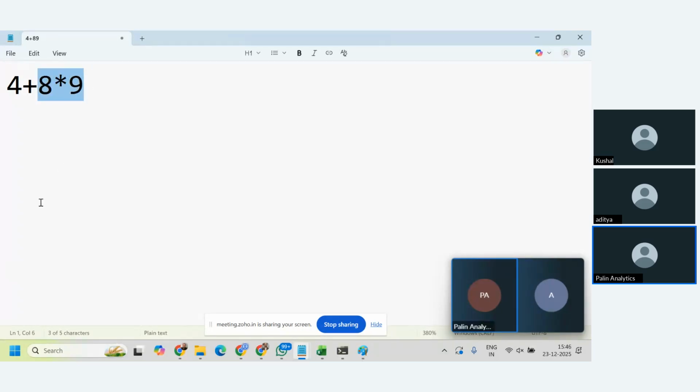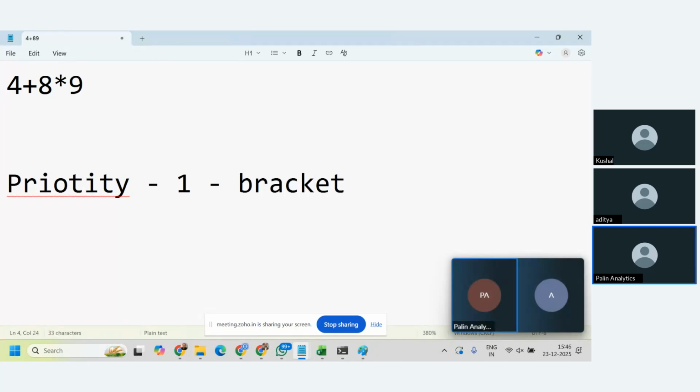If a bracket is not there, then we switch to this part. So to calculate this, we decide the priority. In the highest priority, priority one is brackets. If any kind of brackets are there, like curly braces or parentheses or square brackets, these get the first priority.